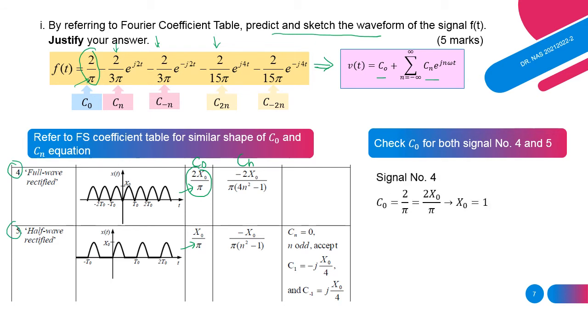For signal number 4, C0 given from the equation is 2 over π. Compared to the equation from the table, it's 2X0 over π, so X0 equals 1. If you choose signal number 5, again C0 equals 2 over π. The equation shown for signal number 5 is X0 over π, so from here you get X0 equals 2. But still you don't know which one is your actual signal.